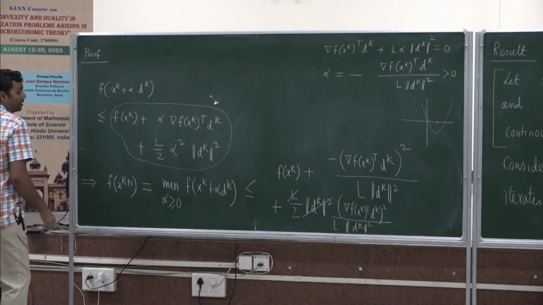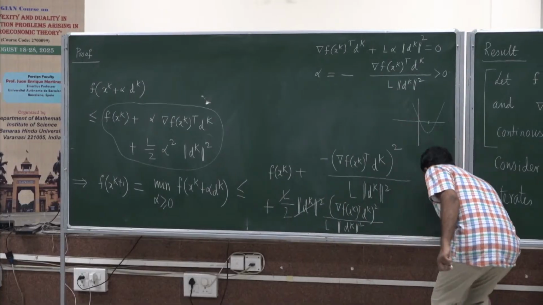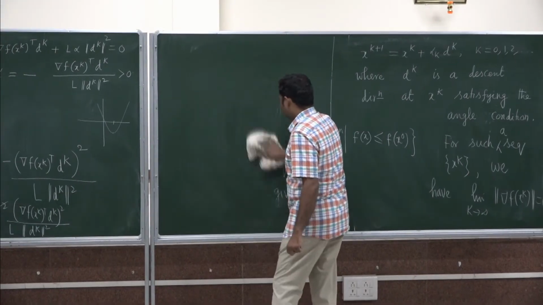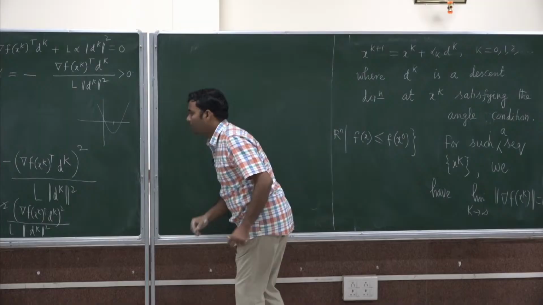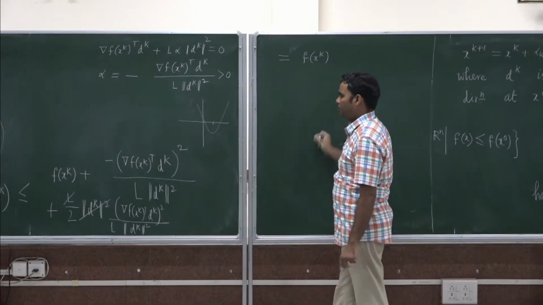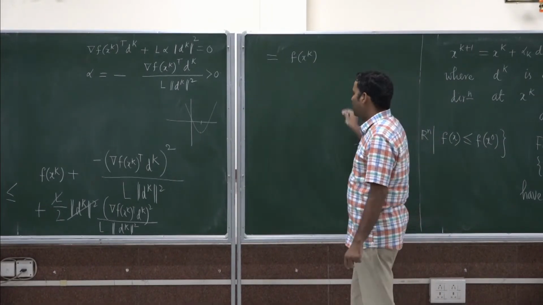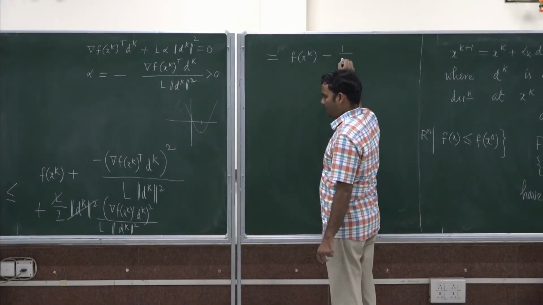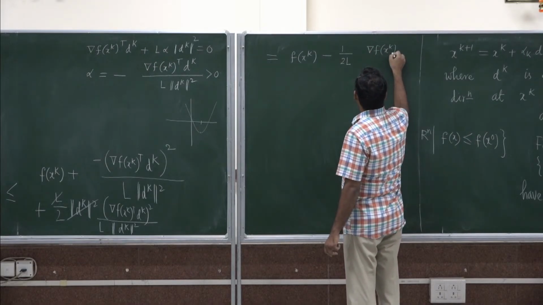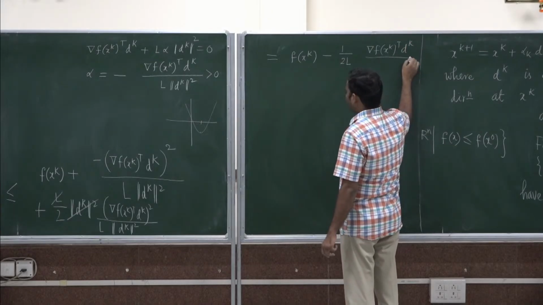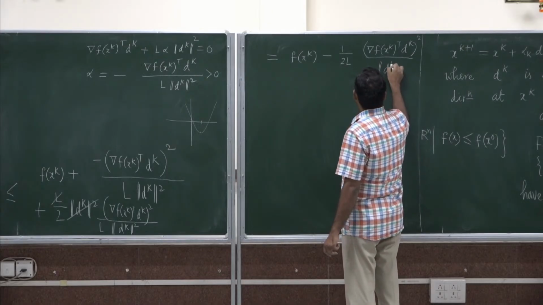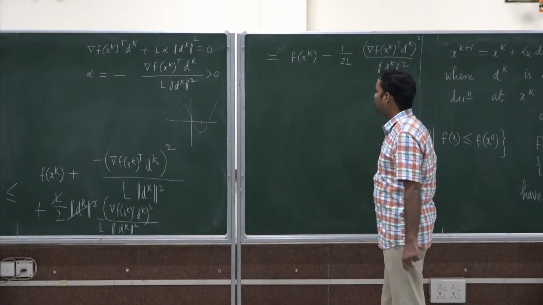And then we simplify it, and the simplification will give us f(xk) minus half of 1 over L times gradient f(xk) transpose dk divided by norm of dk, squared, fine.